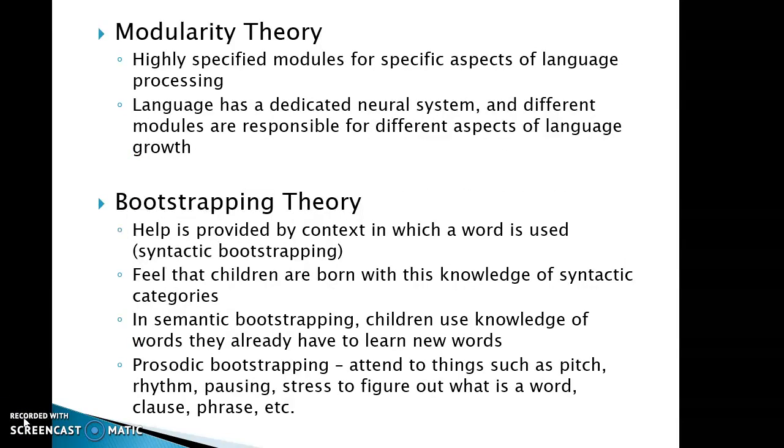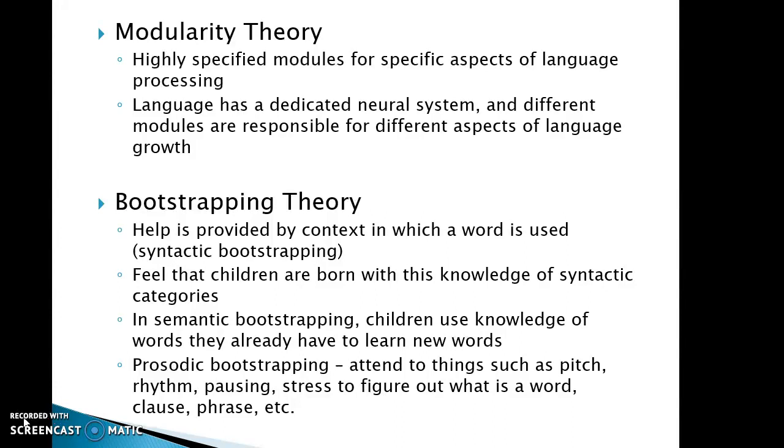So your text talks about a couple of other nativist theories, one being the modularity theory. This reflects the idea that there are highly specified modules specific to different aspects of language processing. So there are some modules that are uniquely identified and dedicated to learning different aspects of language.